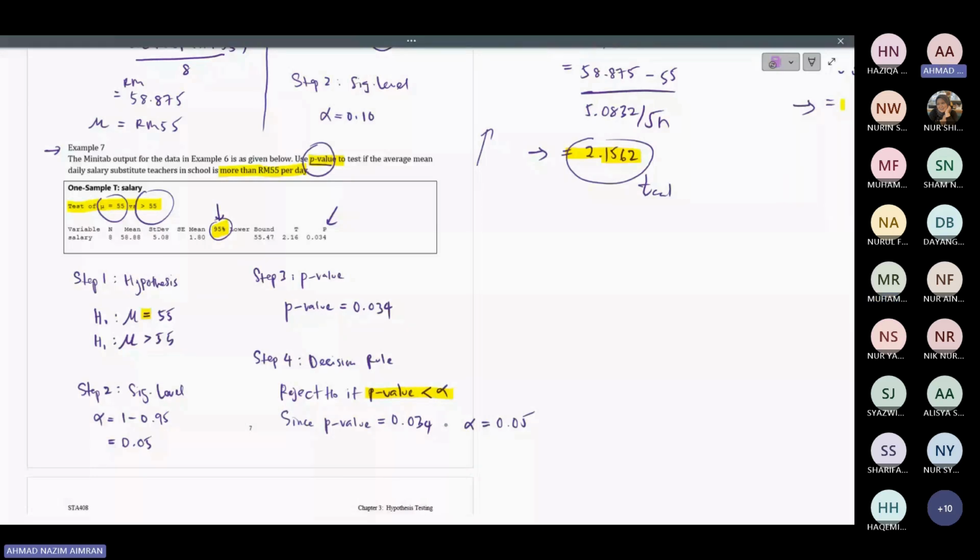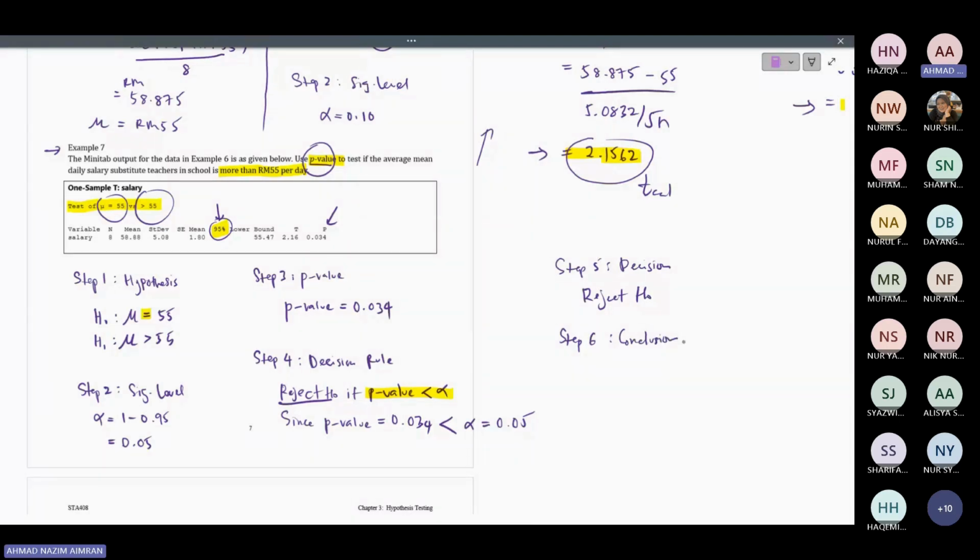So in step 5, for the decision, because p-value is less than alpha and we can reject H null if p-value is less than alpha, our decision is we reject H null. Step 5, reject H null, and step 6 is the conclusion.